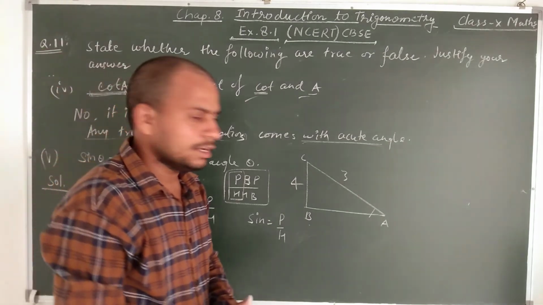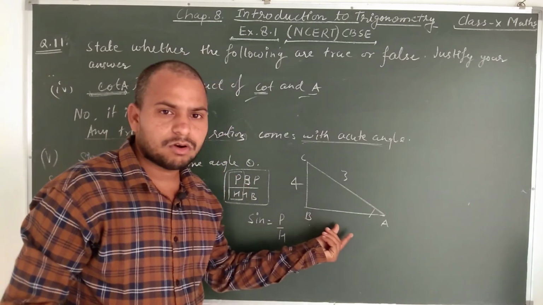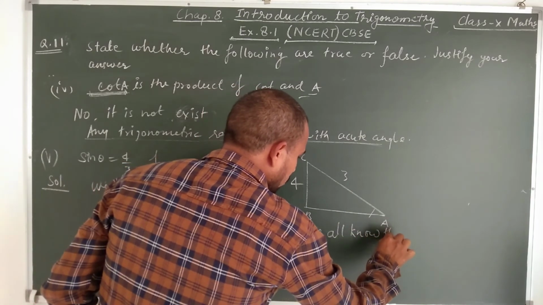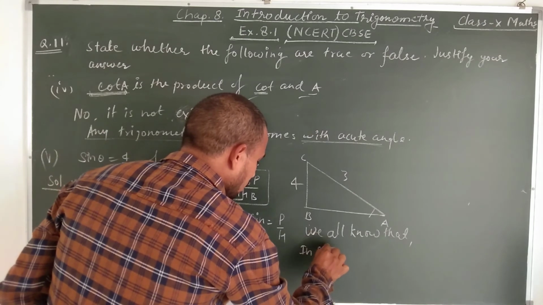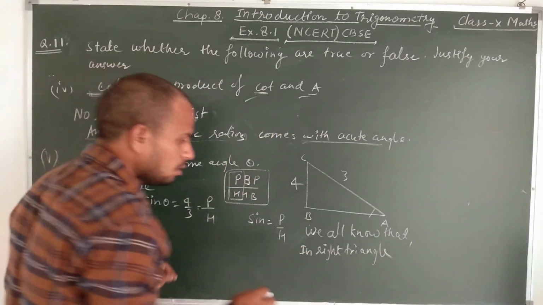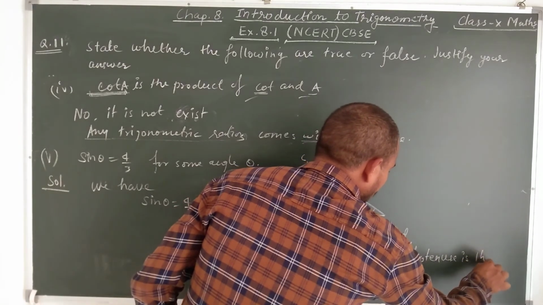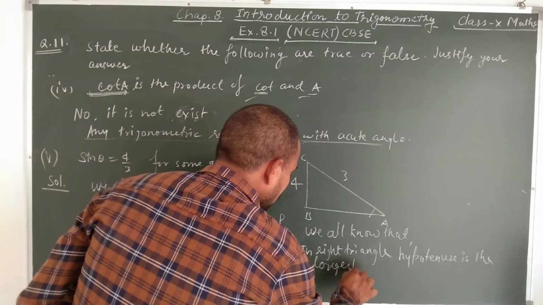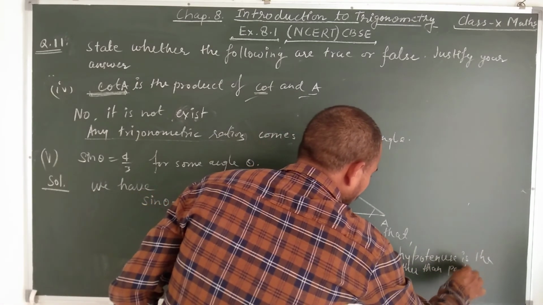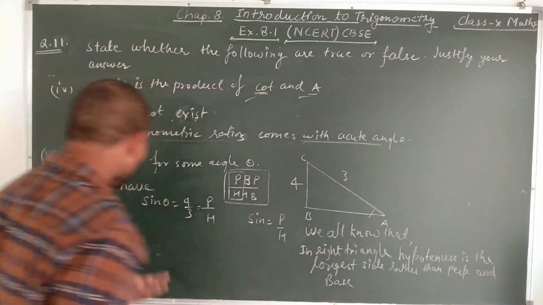This is wrong, because we all know that in a right triangle the hypotenuse is the longest side, rather than the perpendicular or the base. We all know that. So this is not true.